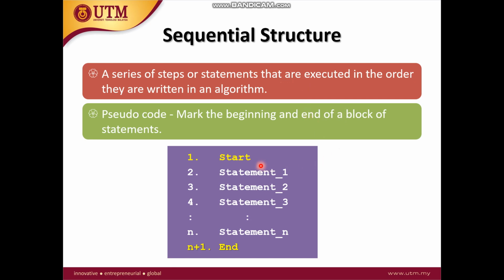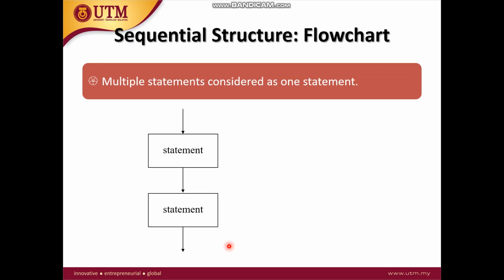That means the order of the execution. For example, here we've got start, and we've got end at the stopping point of the algorithm. Then statement 1 is executed, then statement 2, then statement 3, up to the end statement. Then the algorithm goes to the end. And what is the main important element of each flowchart?